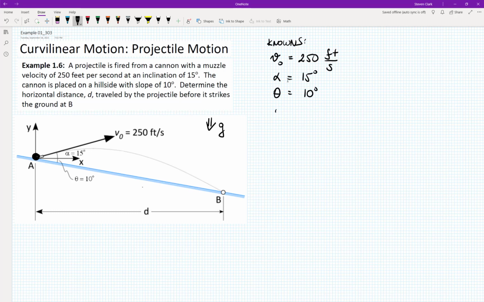Gravity points downwards. And since we are using US units, yes, g will be 32.2 feet per second squared. And they just ask us to find this distance, yes, distance D.